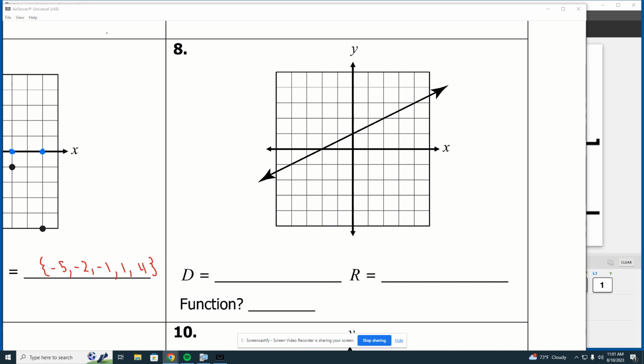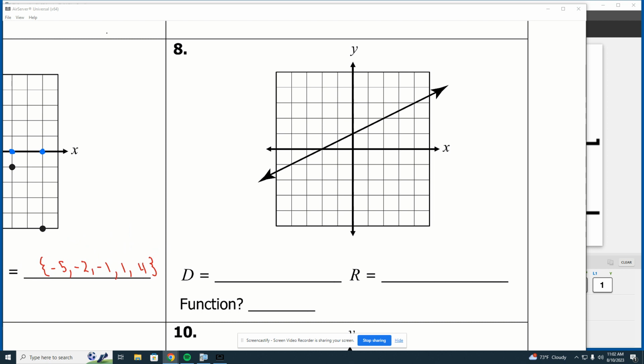X is greater than or equal to 3, for example. Y'all remember this? X is greater than or equal to 3. That's an inequality. I like to use another method better. It's called interval. An interval is just two values. Where it came from, the smallest value it could be, to where it's going, the biggest value it could be.